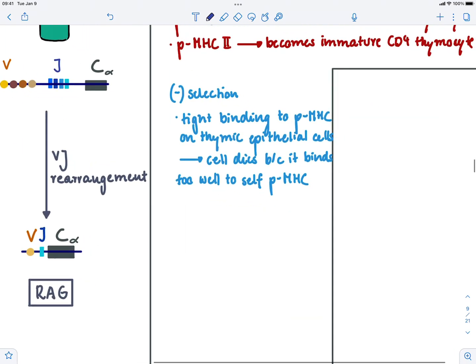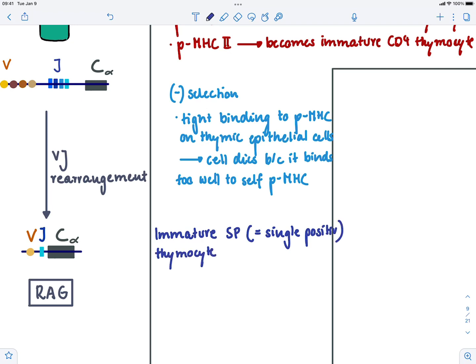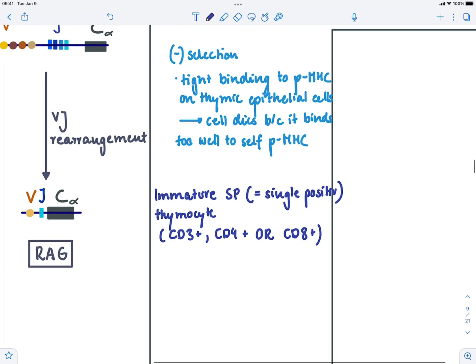Now at that point, we're going to have an immature single positive thymocyte, because the decision is made. Every T cell is going to have CD3, and then either CD4 or CD8. And it's not easy to become a naive T cell, so you're constantly tested. We're still in the thymus. The T cell is moving from the outside to the inside, from the cortex to the medulla.